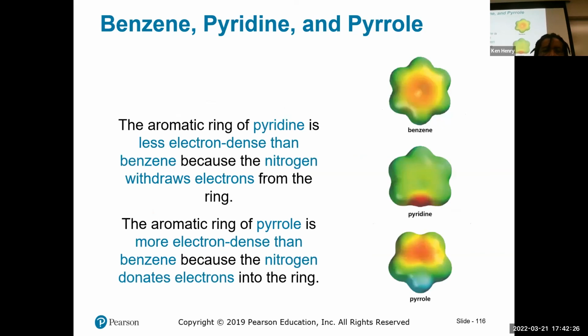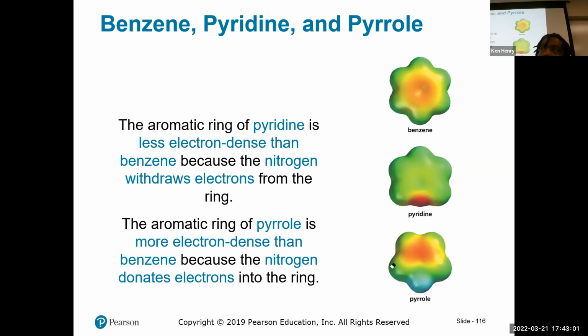Okay. So in this case, this is benzene. So we get the equal distribution, right, of the electron cloud. In the case of the pyrimidine, where we have the nitrogen at the end, these are going to be equally distributed, but we're going to end up with electron withdrawal on the nitrogen part.